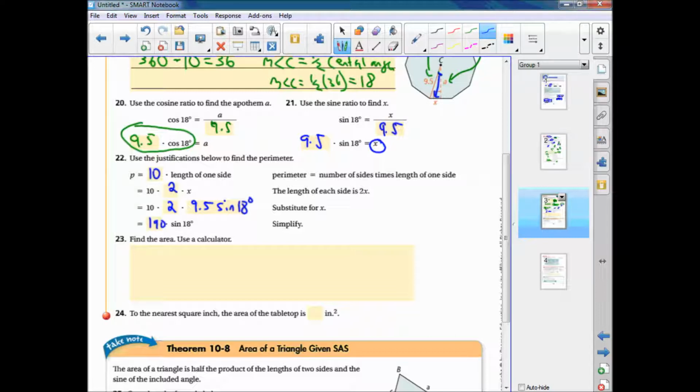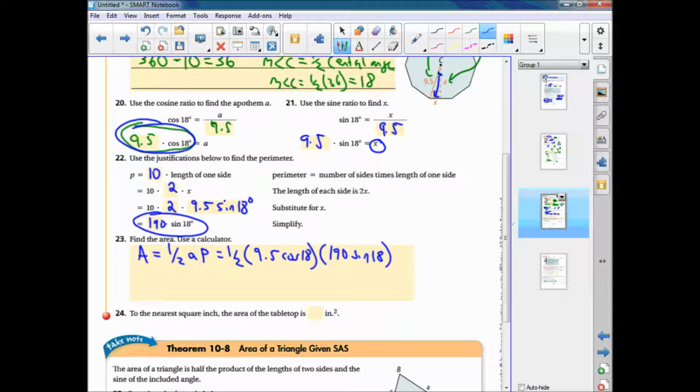All right, so now we're going to find the area. Okay, we're going to use a calculator to help us, but we're going to start with our formula and put in all the parts. So 1/2 the apothem times the perimeter, which is 1/2, and then our apothem was 9.5 cosine 18. And the perimeter was 190 sine of 18.